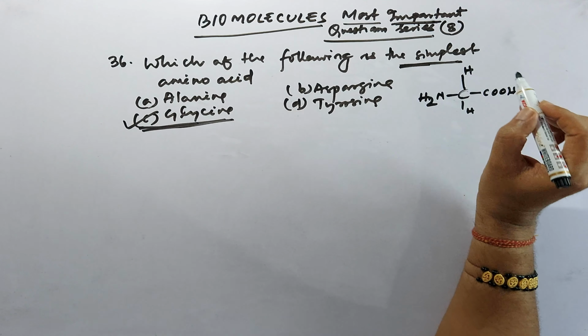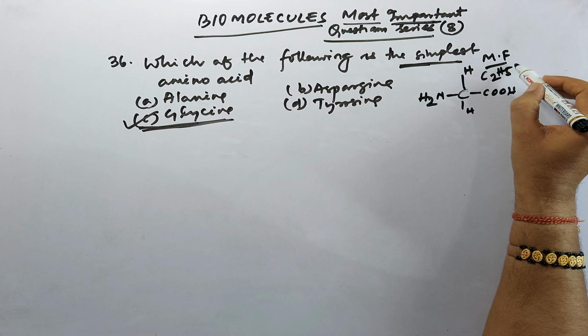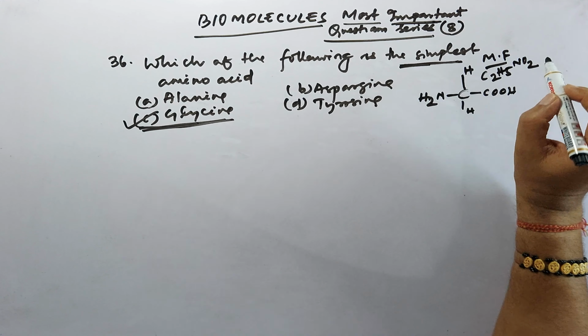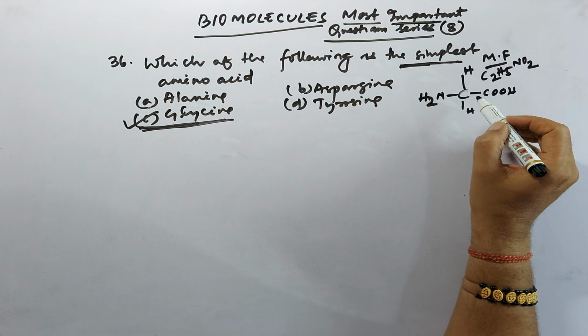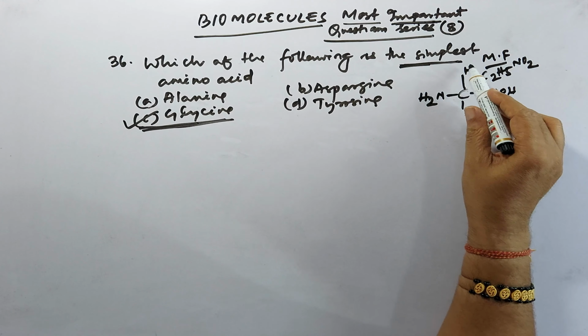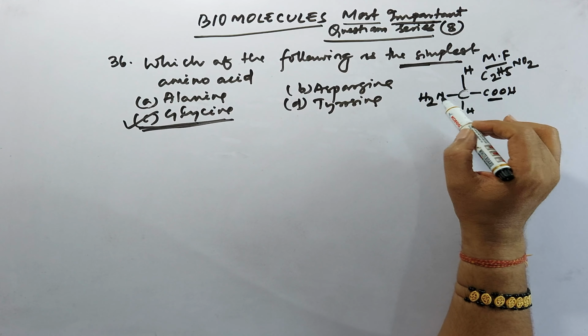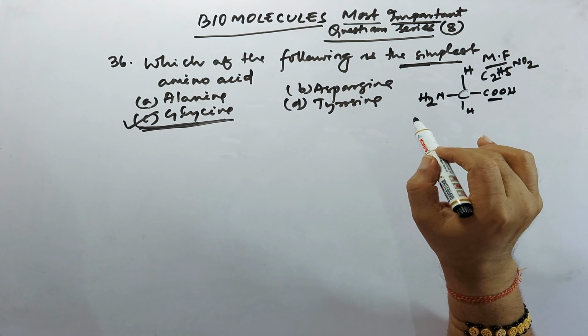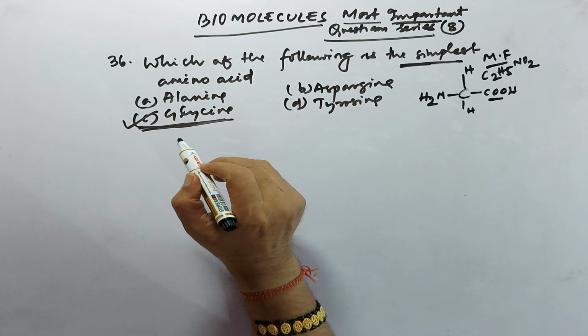So the molecular formula we can calculate is C2H5NO2. So we find 2 carbons, 5 hydrogens, 1 nitrogen and 2 oxygens. So this is the simplest amino acid.